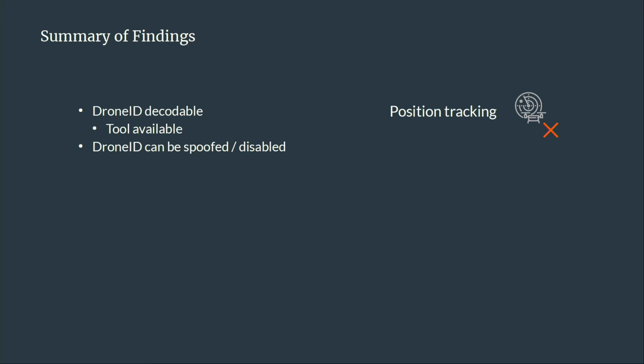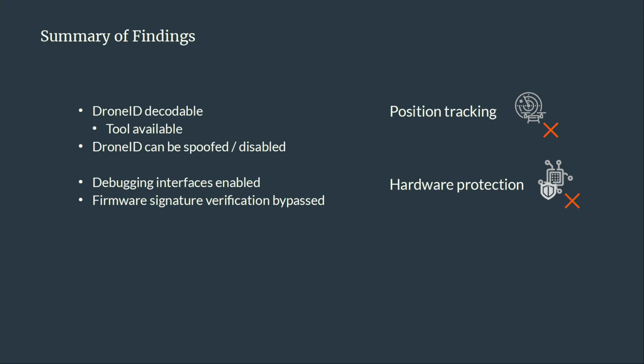So let me give you a short summary of findings. First of all, the position tracking seems not sufficiently implemented, since we were able to bypass the location of the pilot, and we were also able to disable the transmission completely. Furthermore, the protection of the hardware itself seems not sufficiently implemented, since we were able to re-enable the debug interfaces and bypass the firmware signature.